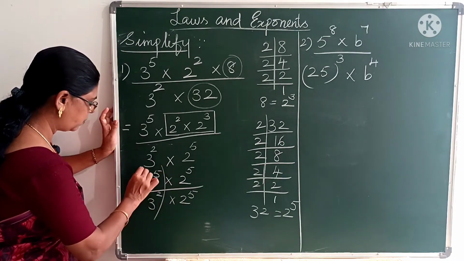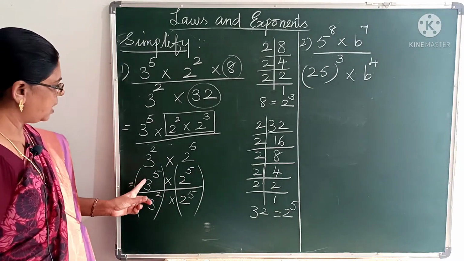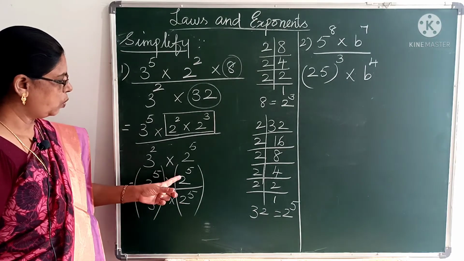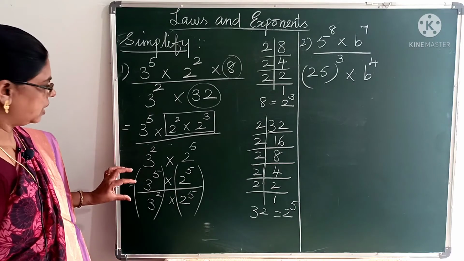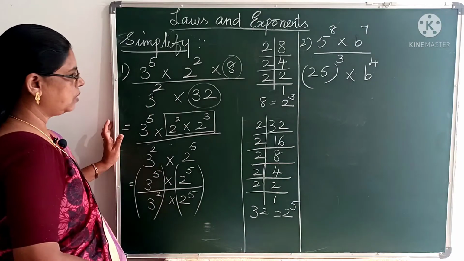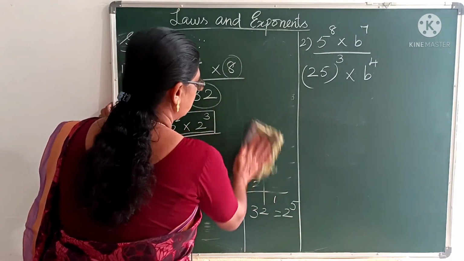Next, take this one as division. 3 power 5 divided by 3 square into 2 power 5 divided by 2 power 5. Okay, in division, what will you do? In division, you have to subtract the powers. So let us continue.